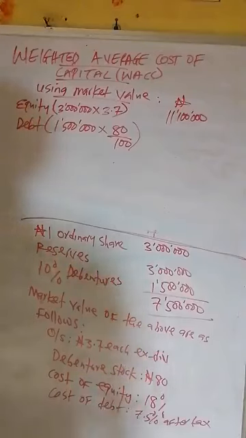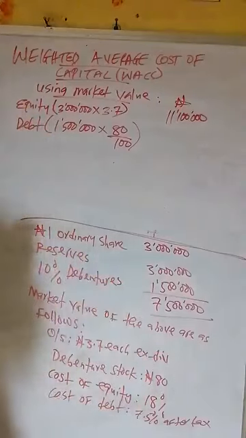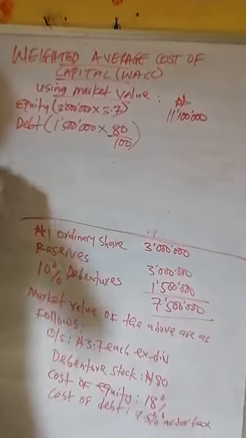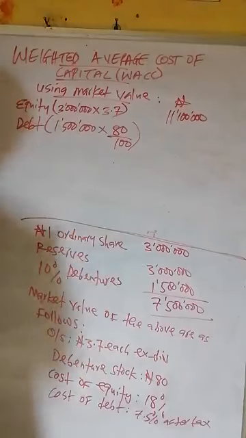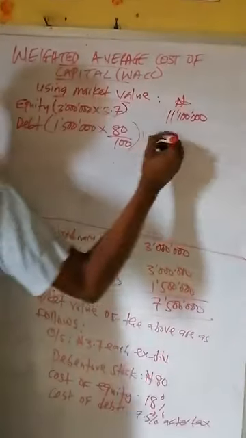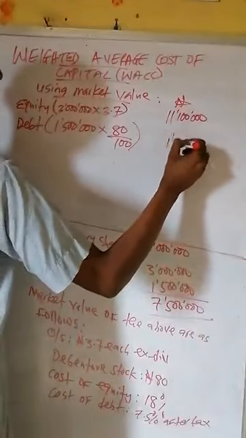So what do you have now? 1,500,000 multiplied by 0.8, 80 divided by 100, that is 0.8. We have 1.2 million, 1,200,000.